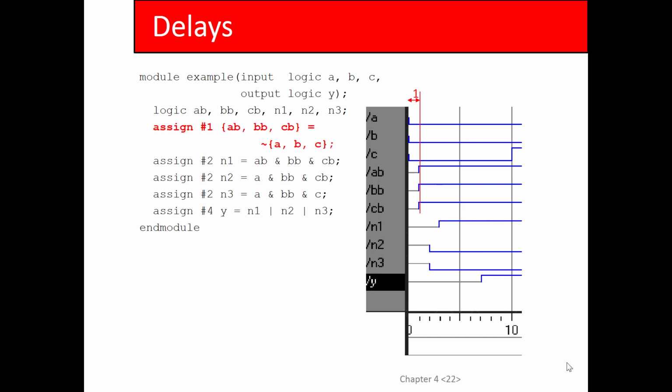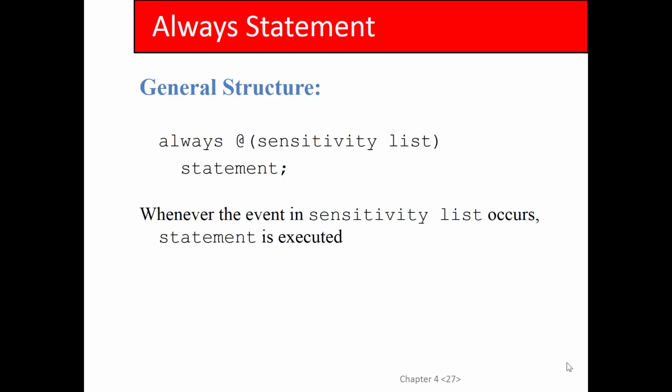In an always statement, all of the outputs that it sets inside the always statement will be held until something in the sensitivity list changes. So what is this useful for? Well, for one, it's useful for sequential logic.